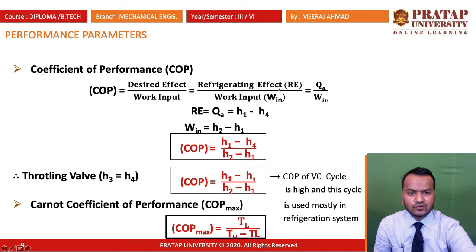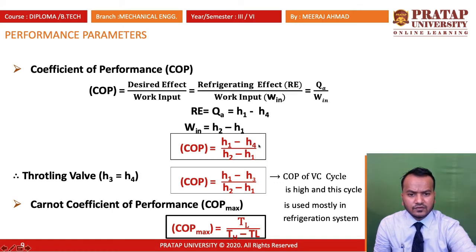The refrigerating effect should be found from the evaporator, which is QA, we already saw the QA value, and the work input W in the compressor. So RE equals QA equals h1 minus h4, and the work input in the compressor is h2 minus h1. Put the values of this RE and work input in the COP formula, and you get that the COP of the VC cycle equals (h1 minus h4) divided by (h2 minus h1).